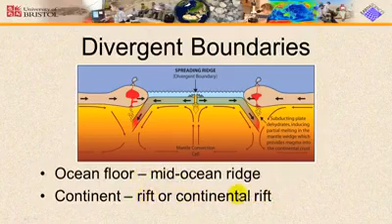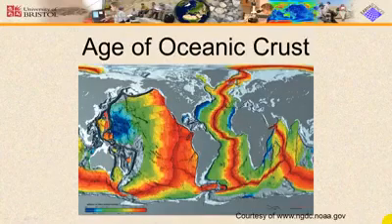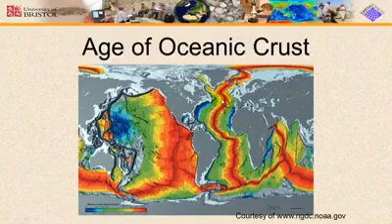There are continental rifts in Africa and in Central America, and mid-ocean ridges run down the center of all of Earth's oceans. This map shows the age of the oceanic crust. The red color shows the youngest aged rock, and the blue color shows the oldest aged rock, about 200 million years old.